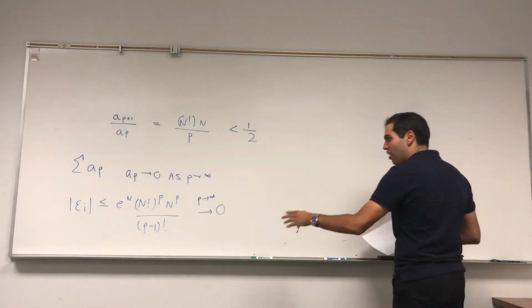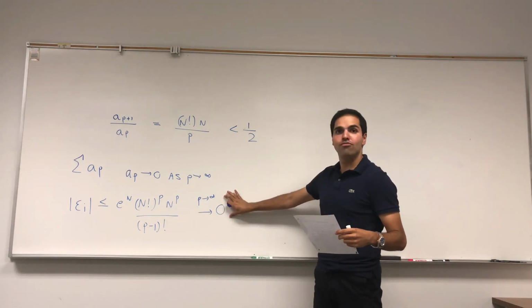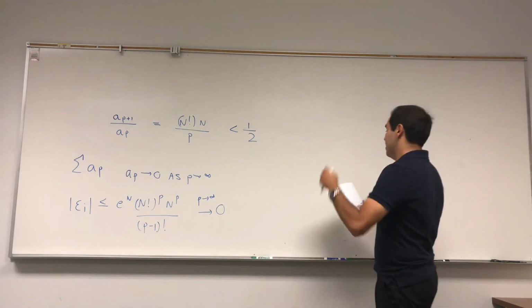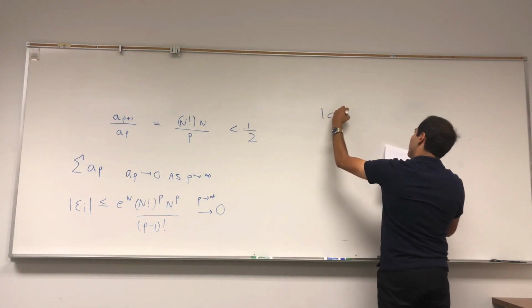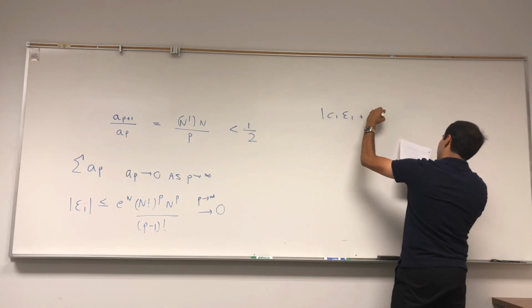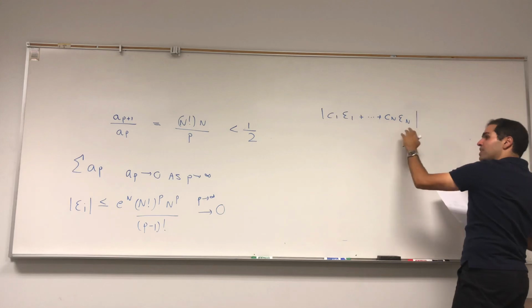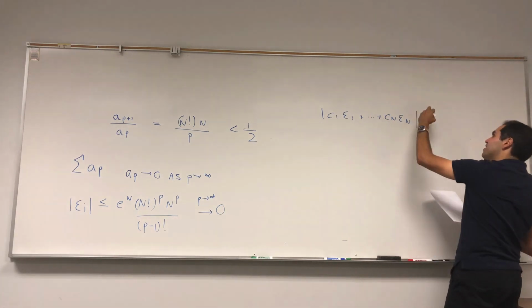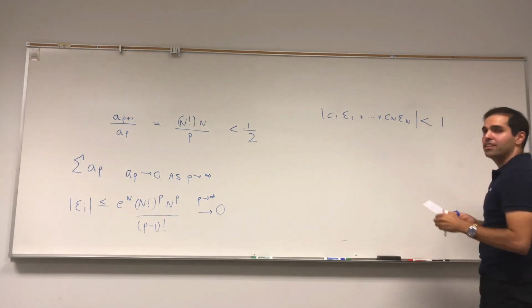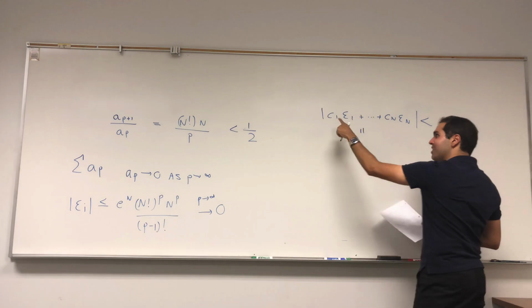However, this is enough because if p is very large, we can make this very small. And in particular, we can make this term very small, C1 epsilon 1 plus dot dot dot plus Cn epsilon n. By choosing p large enough, because there are only finitely many terms, we can definitely make this less than 1 in absolute value. But here comes the crux.